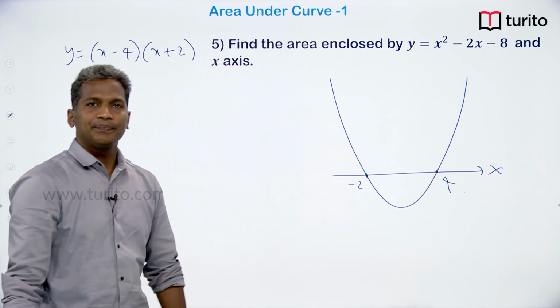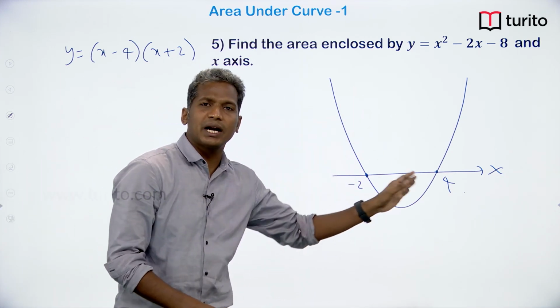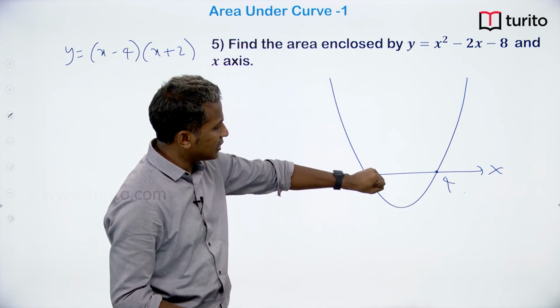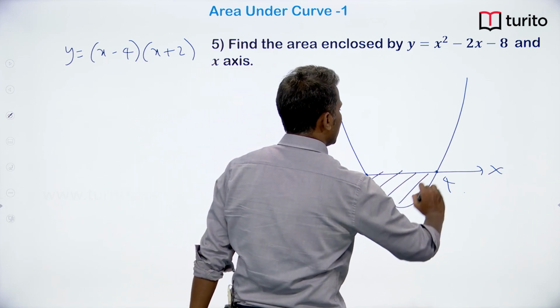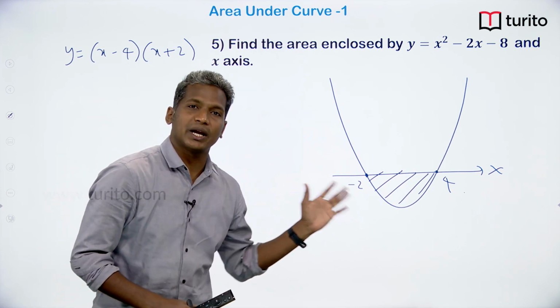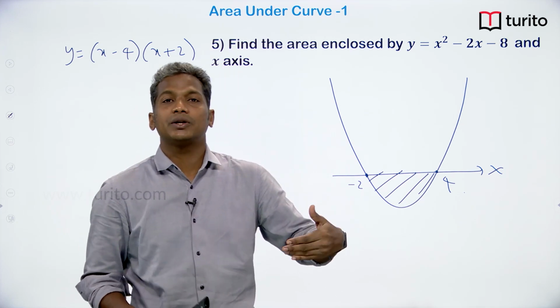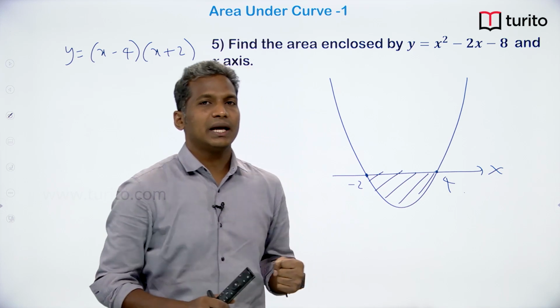These are the roots. Now irrespective of whether the y-axis is on the left, right or in the middle, it does not matter here. We are interested only in the area enclosed by these two. So if we are using area with the x-axis, we are not interested in the location of y. If we are doing area with respect to the y-axis, we are naturally not interested in the x-axis.